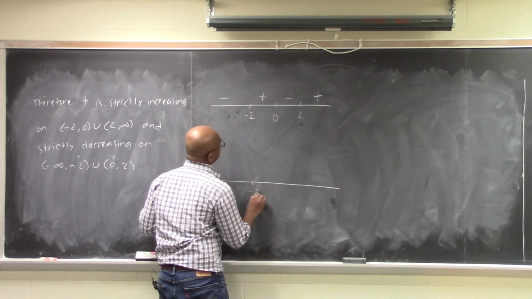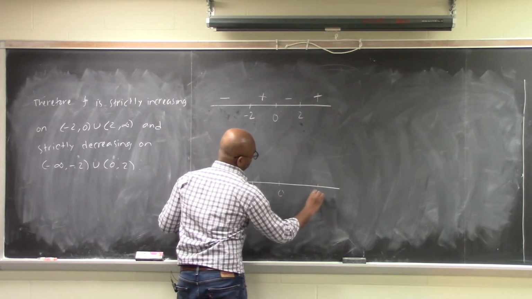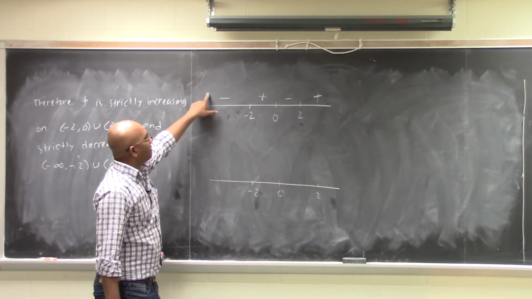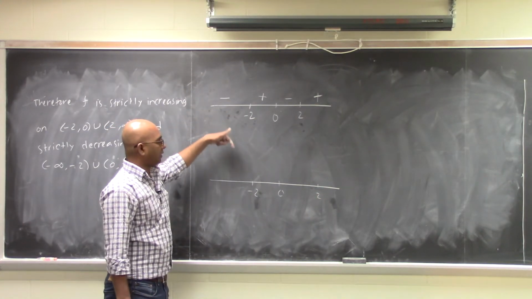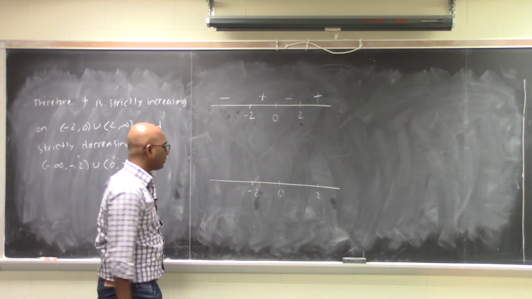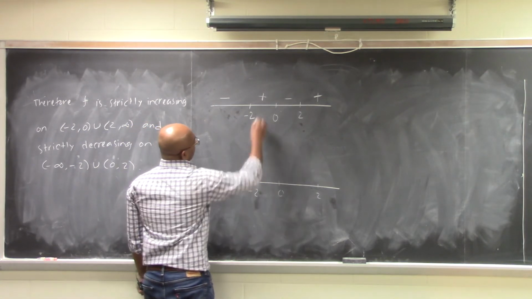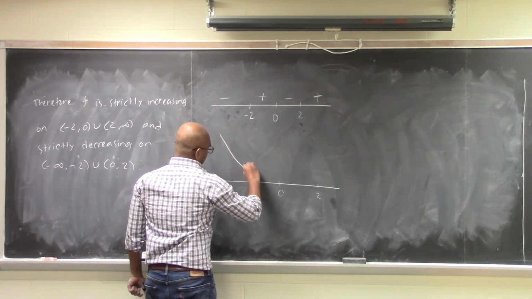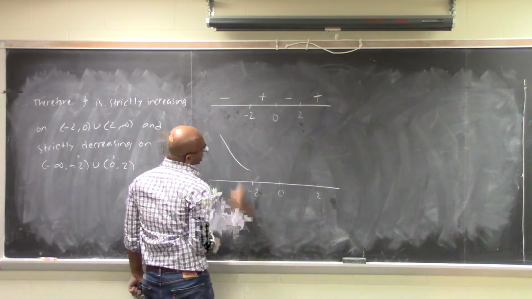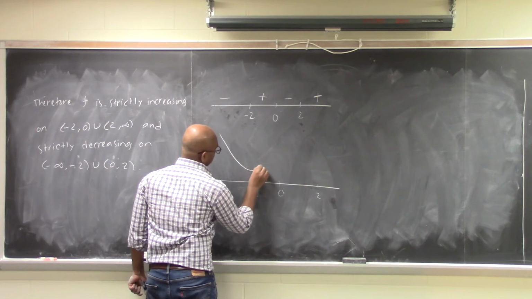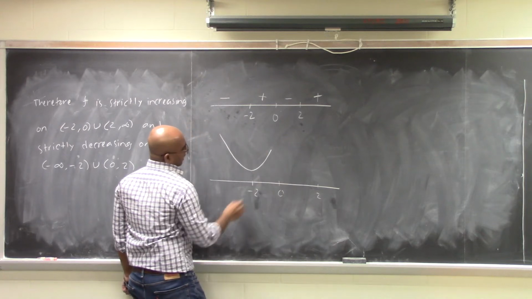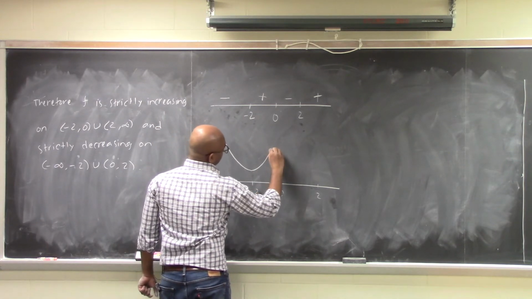So this is negative 2, this is 0, and this is 2, right? So on this part, my function is decreasing, right? So it goes down, like this. And from negative 2 to 0, it increases, right? But after 0, it decreases again.